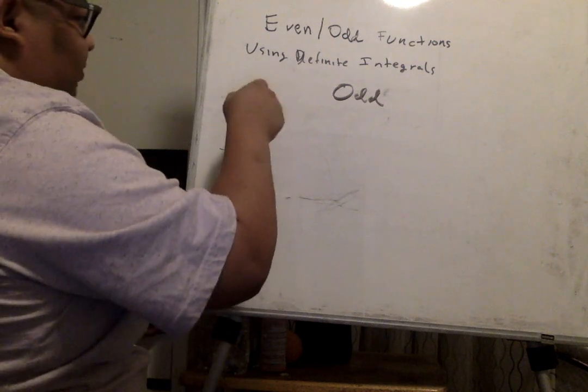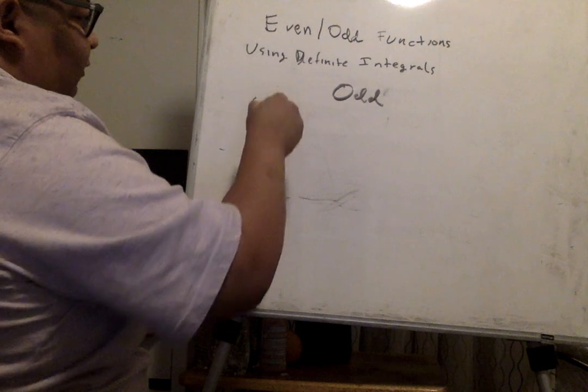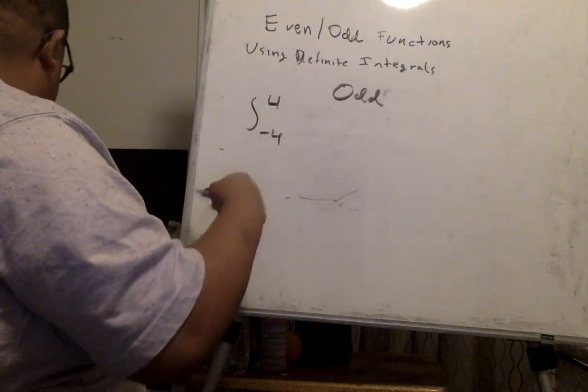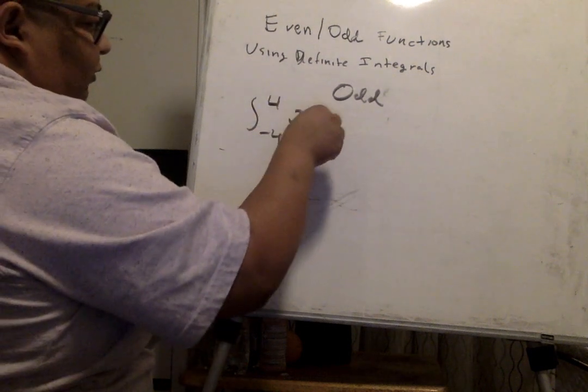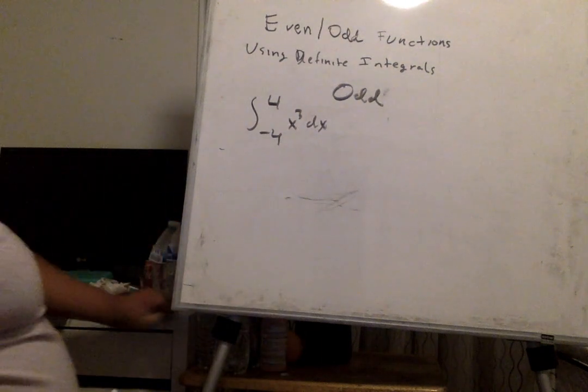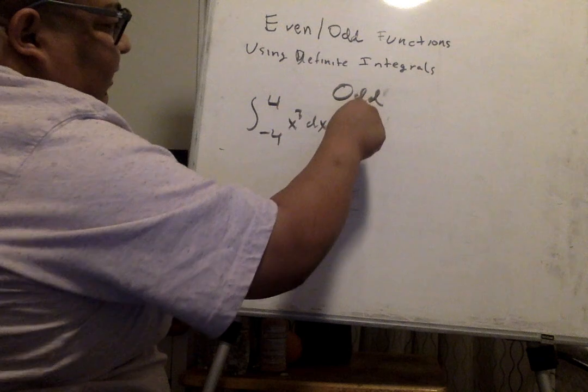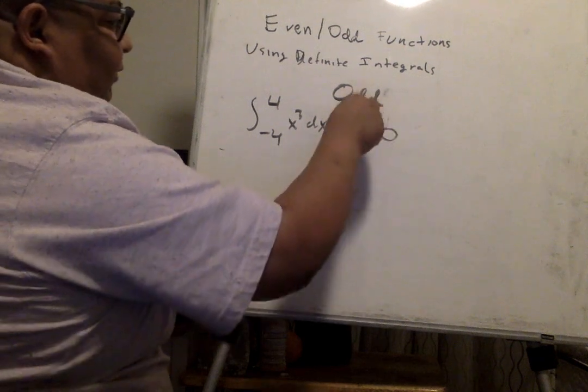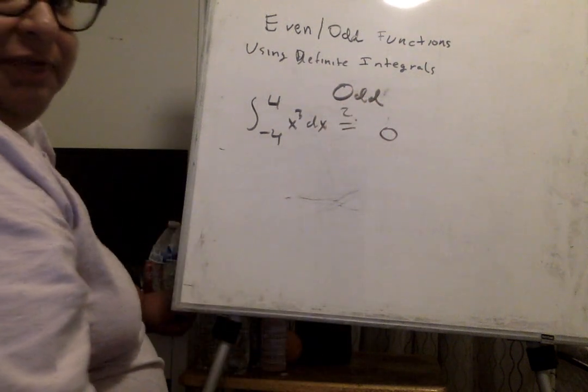So let's see what happens. We're going to go negative 4 to 4 of x cubed dx. So I claim that this is 0. Let's see if that's the case.